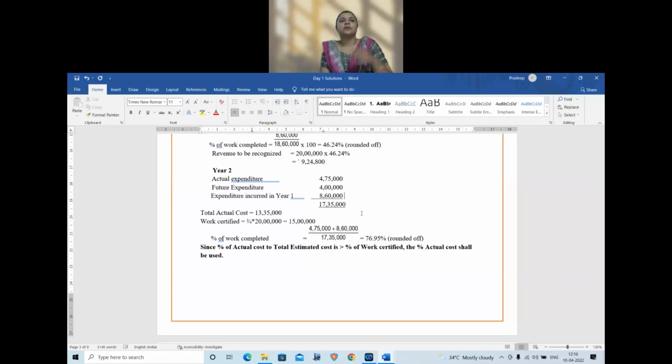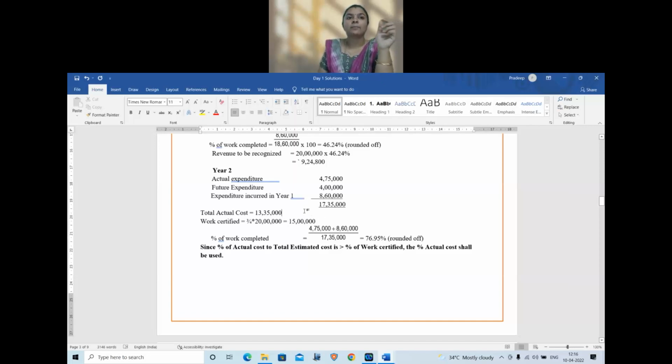First, I am going to calculate total actual cost. What is total actual cost? 4,75,000 plus 8,60,000, which is 13,35,000. Next, work certified is 3/4 of the total project, which is 15 lakhs.